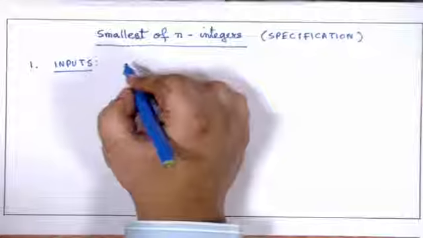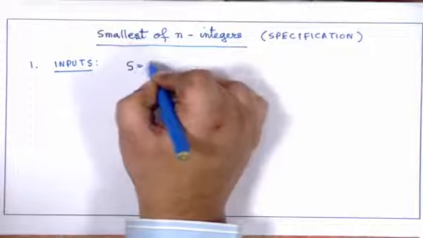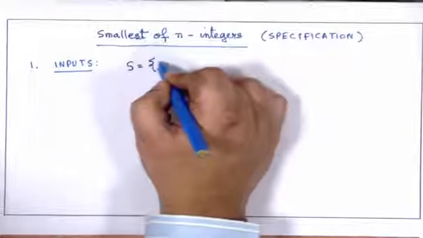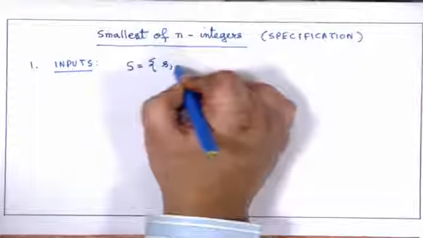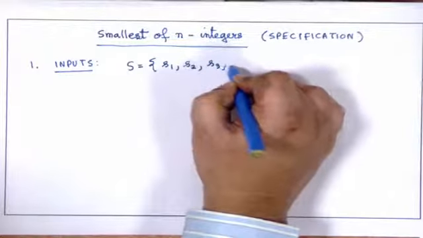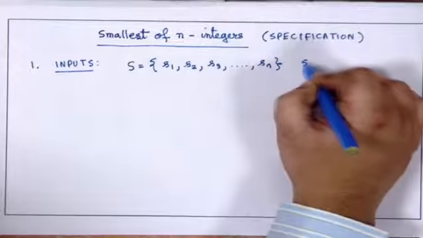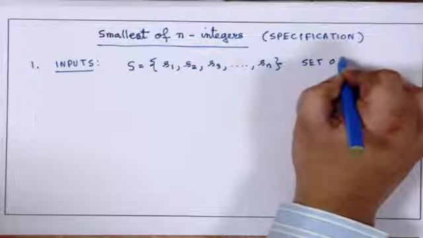The first thing we can say is the input I is a set S of integers, S consisting of elements S1, S2, S3 to Sn, and we can say it is a set of integers.